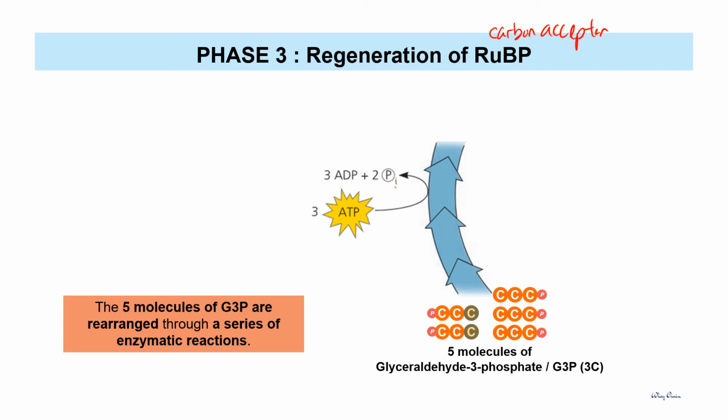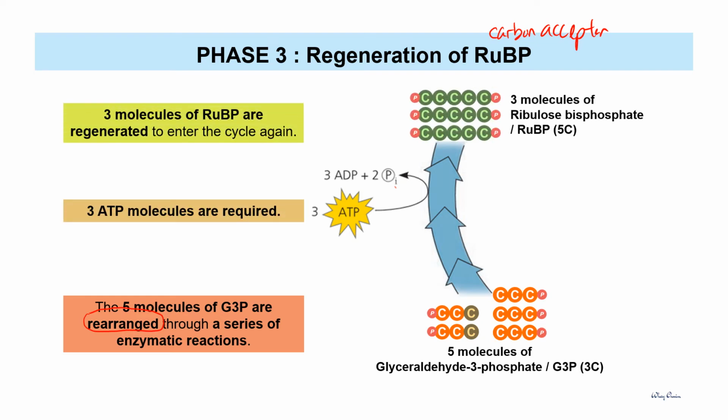They undergo rearrangement of atoms through a complex reaction involving a few steps catalyzed by enzymes. At the end of phase 3, it produces 3 molecules of RuBP. Each is a 5 carbon compound, and they are going to be used in the next Calvin cycle.